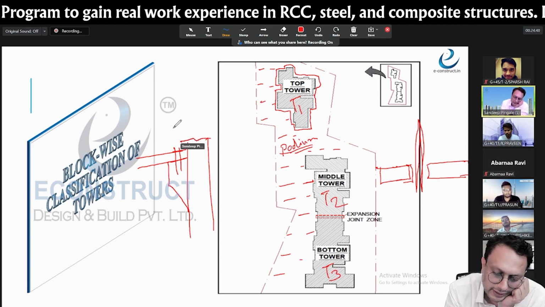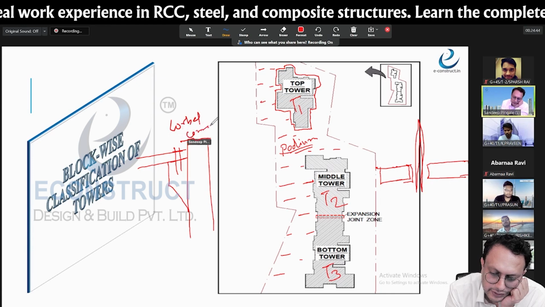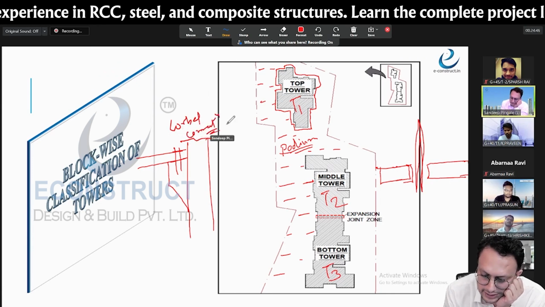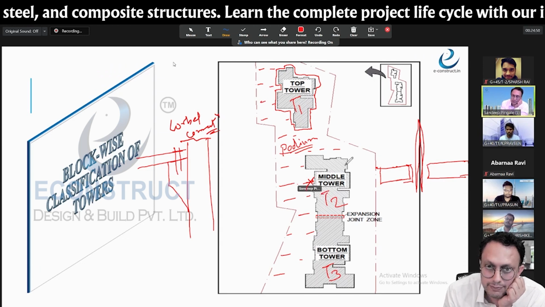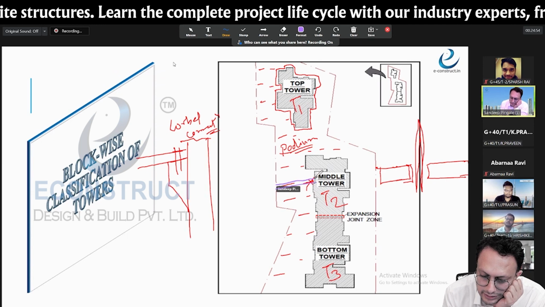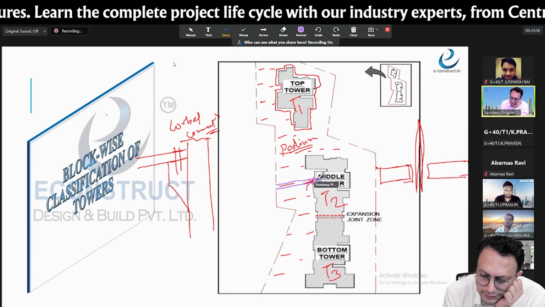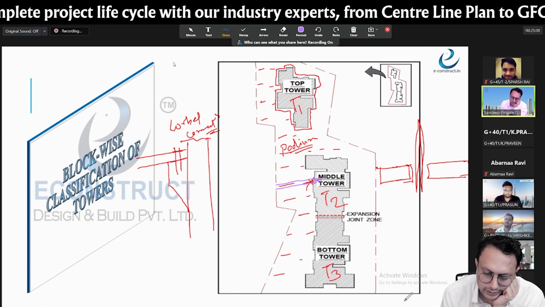We are calling this particular arrangement the corbel connection. In such cases, you don't need the column here. This beam, if there is a beam coming here, will be directly rested on the column which is given by the main tower.